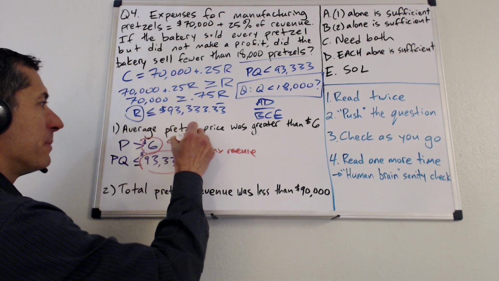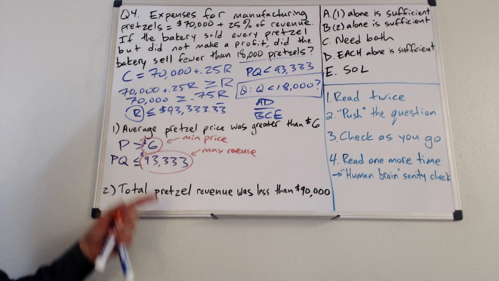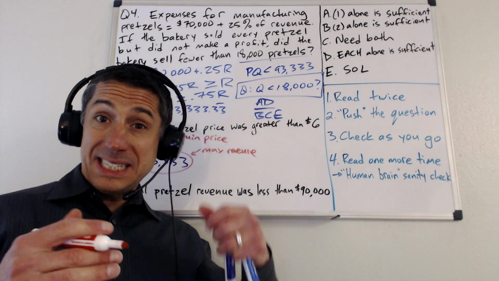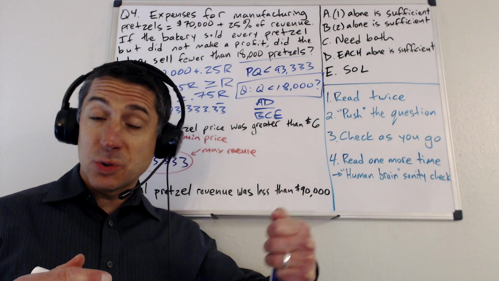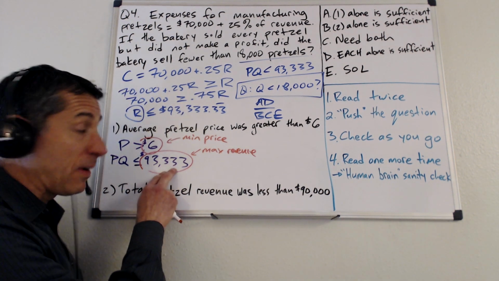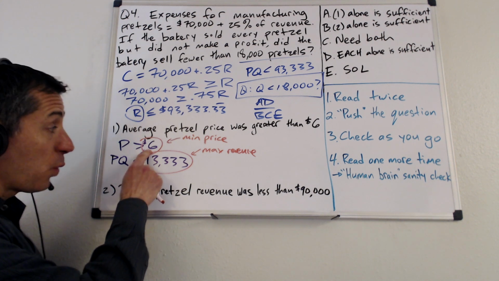And this is my minimum price, minimum average price. So if I just divide out these two numbers, that's going to give me a ceiling, a maximum number of pretzels sold. Again, think about that intuitively: this is the most money they possibly could have made in revenue, and that's the minimum price they sold each pretzel for.